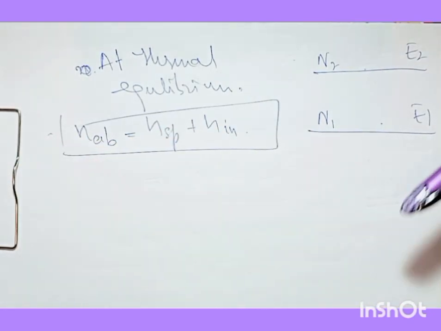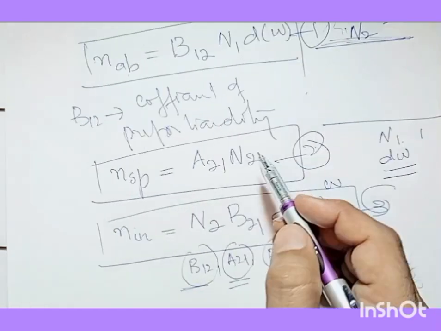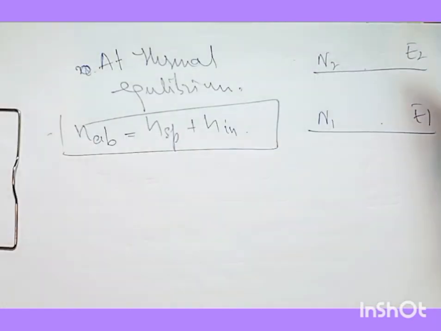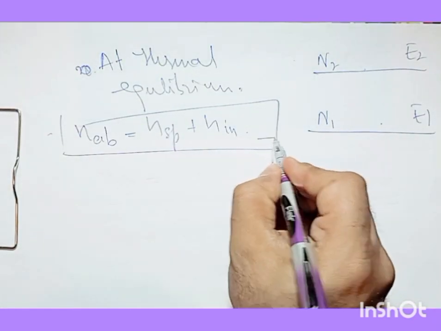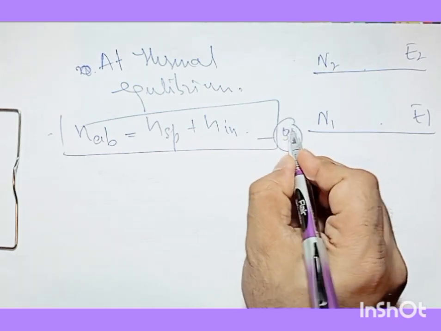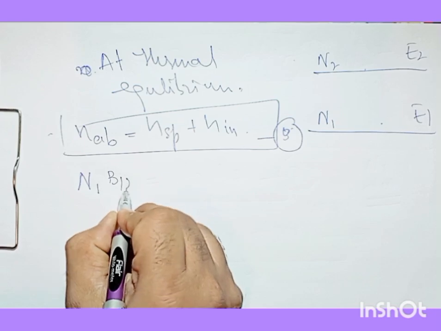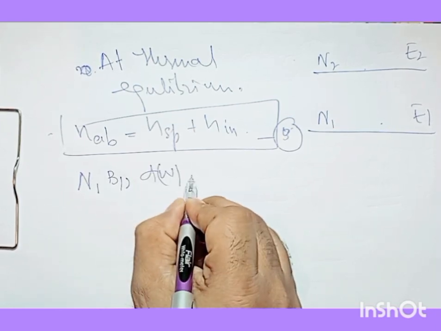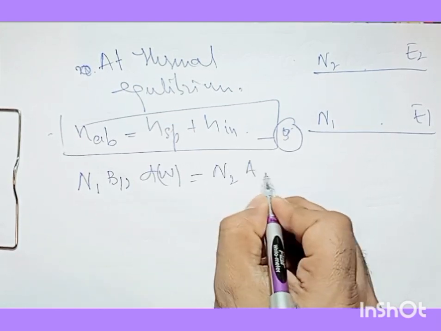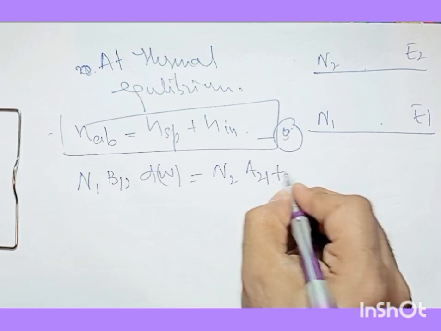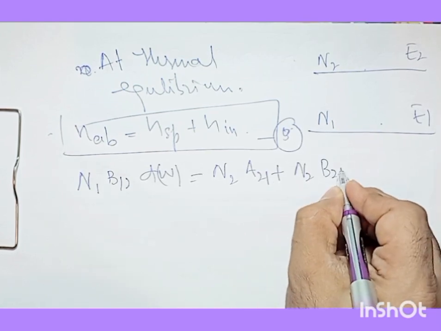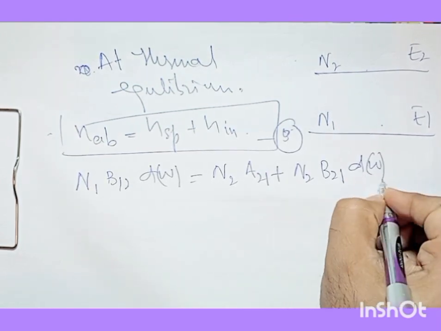We can substitute the right-hand sides of all three equations into this equation, which I'll call equation 3 for the time being. And I'll get N1 B12 d omega is N2 A21 plus N2 B21 d omega.